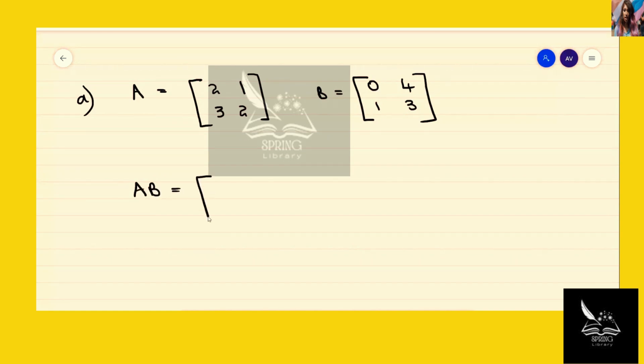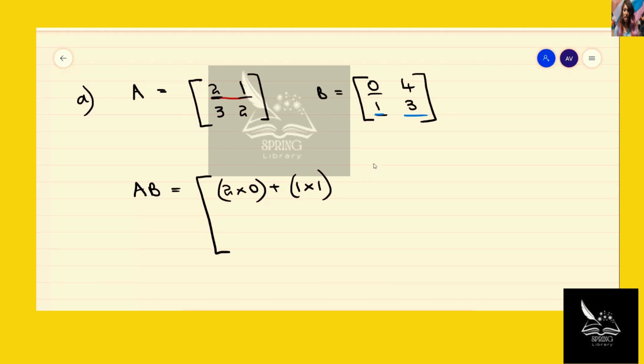So what we would do first is we would take the first row from the matrix A and multiply and add them with the first and second columns of the matrix B. So first we start with 2 over here. So we will write 2 times 0 plus 1 times 1. Now we have multiplied and added the first row of A with the first column of B, right?